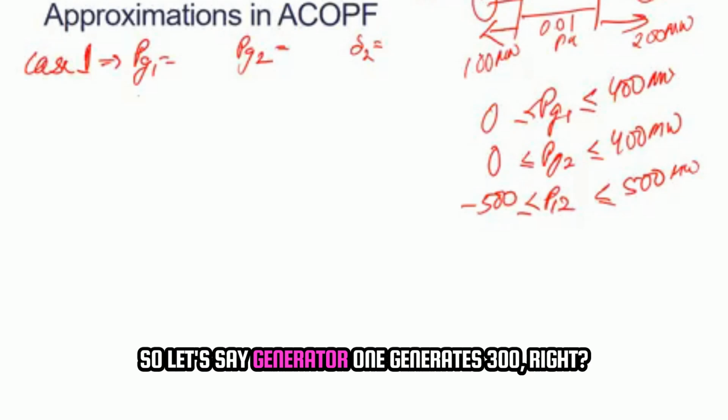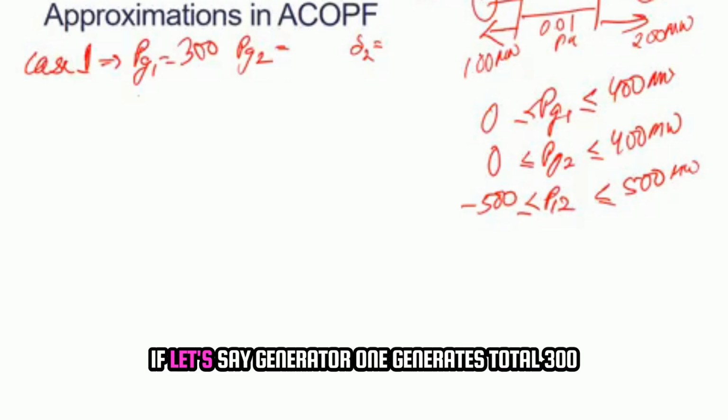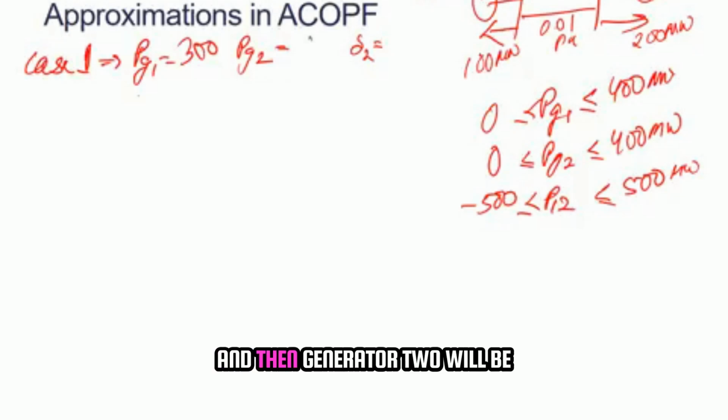So let's say generator 1 generates 300, and generator 2 generates 0. Why 300? Because 100 is required at bus 1 and 200 is required at bus 2, so total load is 300. Now you see all these three constraints one by one.